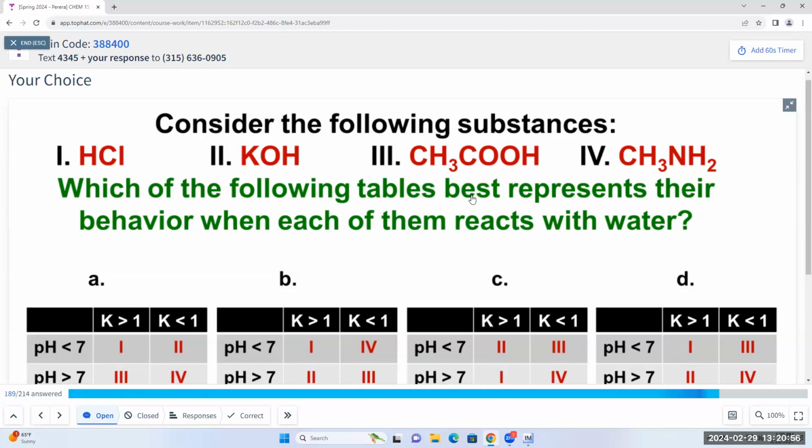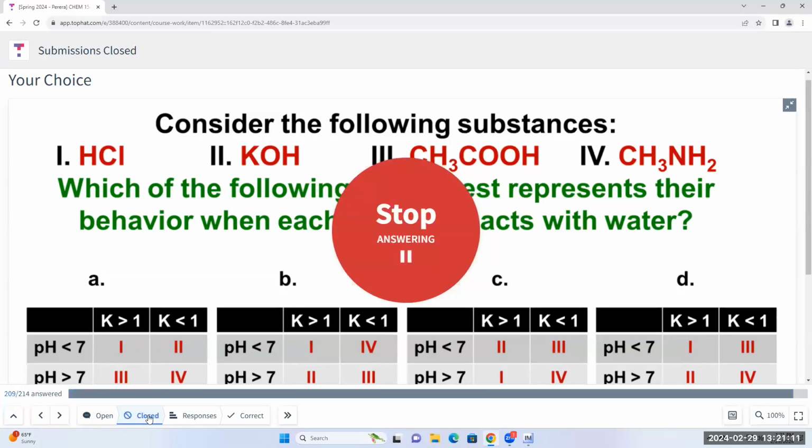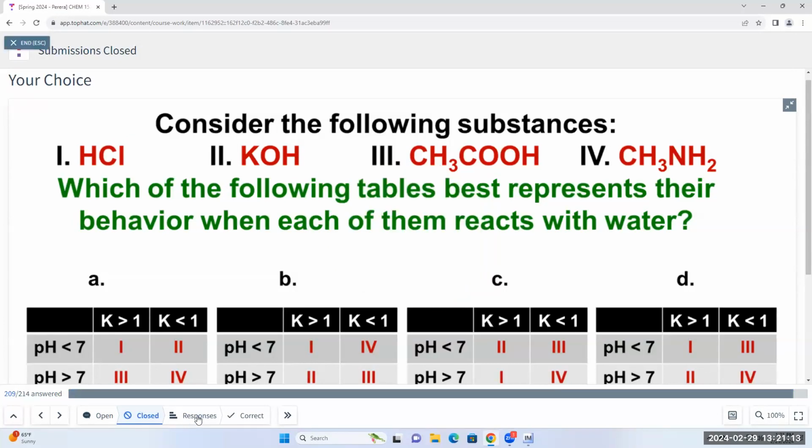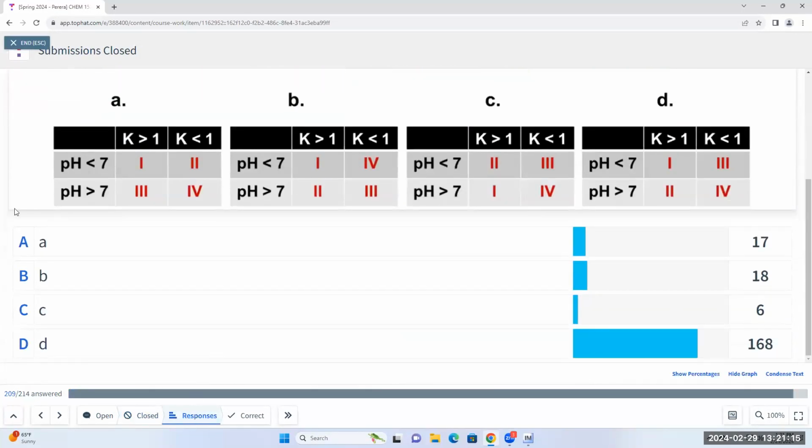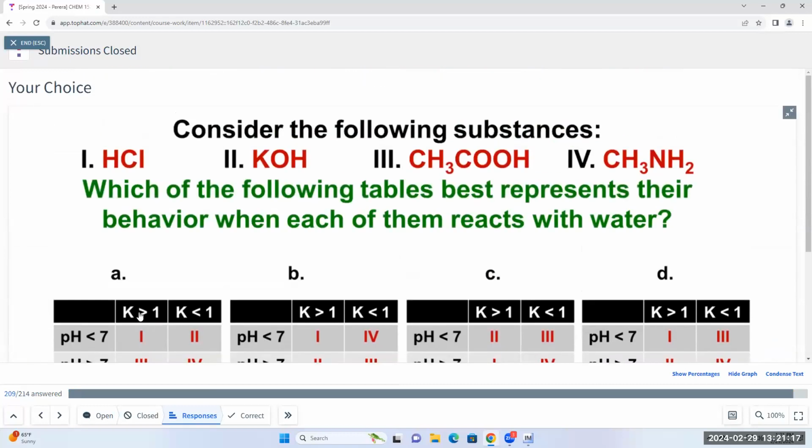I think I have more than 90% answers now. I'm going to close this question in 5, 4, 3, 2, and 1. All right, and here are our responses. Most of us selected option D. Now let's see why.